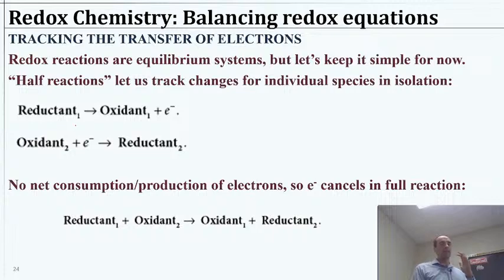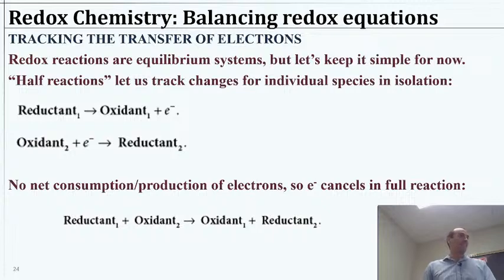A reductant has electrons and is going to try to force them on somebody else, and then it becomes more of an oxidant, having given that electron away. The oxidant wants to take somebody's electron, so once it takes it, it becomes a more reducing type of agent. Hopefully that's a way to put those together. So the net reaction is the reductant plus an oxidant becomes an oxidant plus a reductant. I don't love the way that all comes out, but in relative terms, I guess it makes sense.